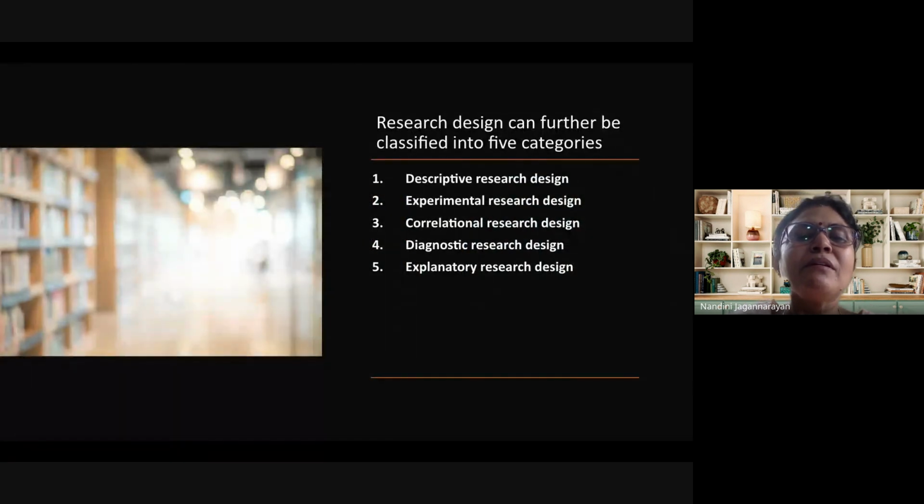Now, when I talk about research design, there are basically going to be 5 categories: descriptive research design and experimental research design. Like you have seen, say, when they planned a drug for COVID, they tested it on animals, right?